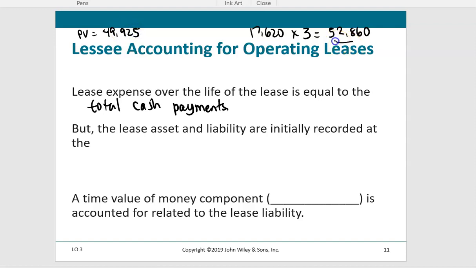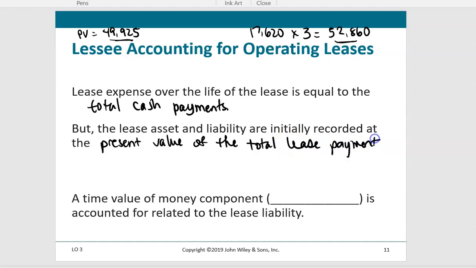What's the difference between the total payments and the present value of the total payments? Time value of money, discounting. And what does that represent? That represents interest. So to finish the second sentence here, but the lease asset and liability are initially recorded at the present value of the total lease payments. And it's this difference between recording the total expense over the life of the lease equal to the sum of all the cash payments, while the asset and liability are the present value of the total lease payments.